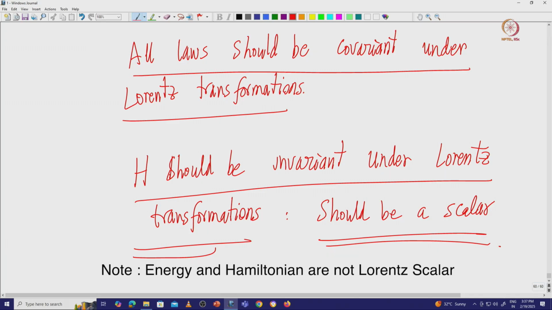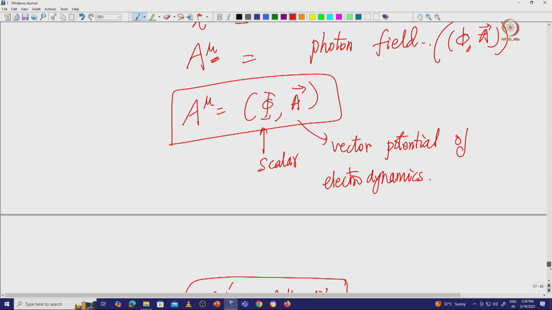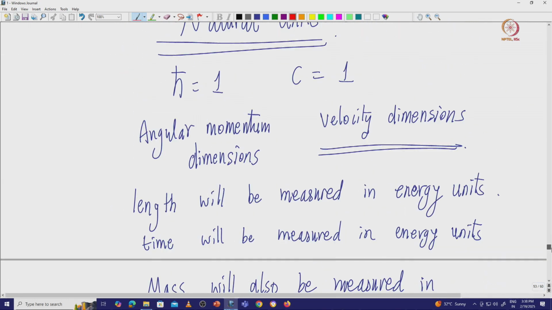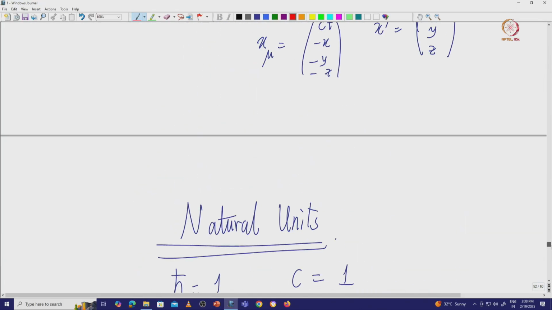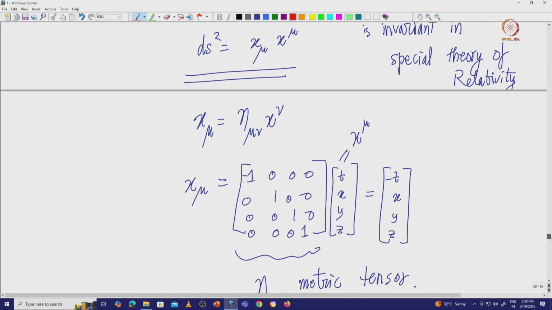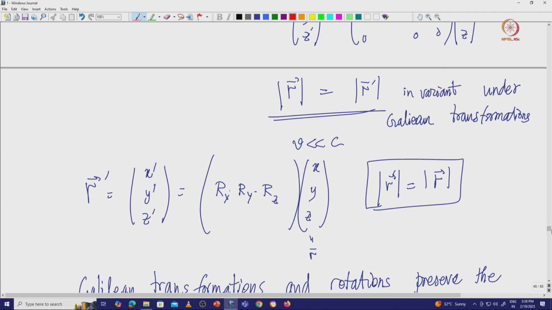For the present, I think this review of special theory of relativity is sufficient, where we introduced the Einstein notation and what a vector, a scalar and a tensor are.